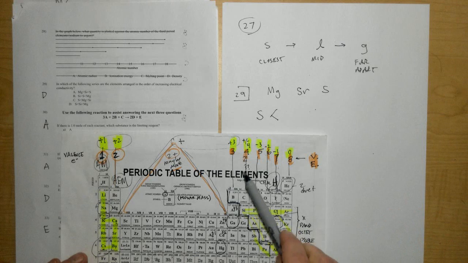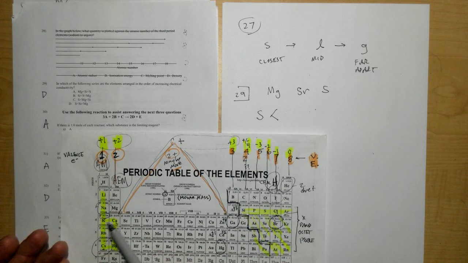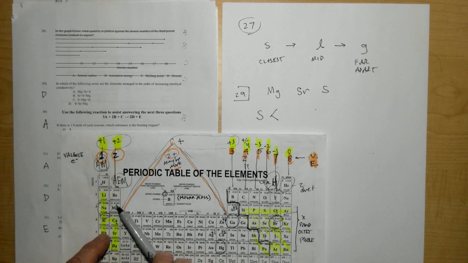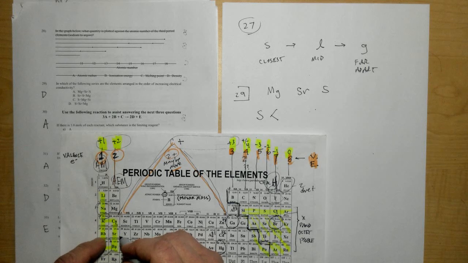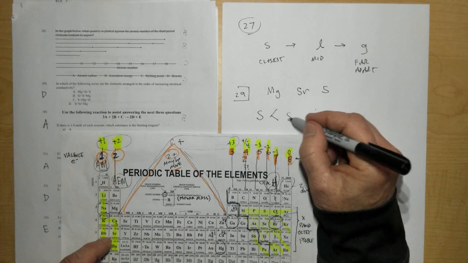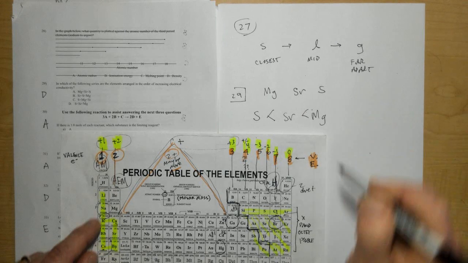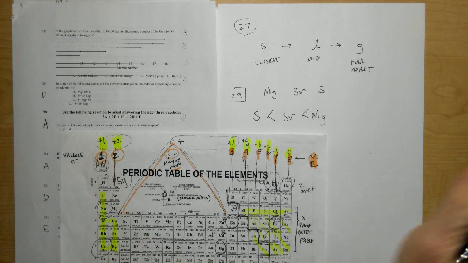My next conductive would be the one in the middle of the two. And we have magnesium and strontium right here. So my next most conductive would be my strontium. And then my most conductive would be my magnesium, the furthest one over here and up, giving me lots of metallic character.